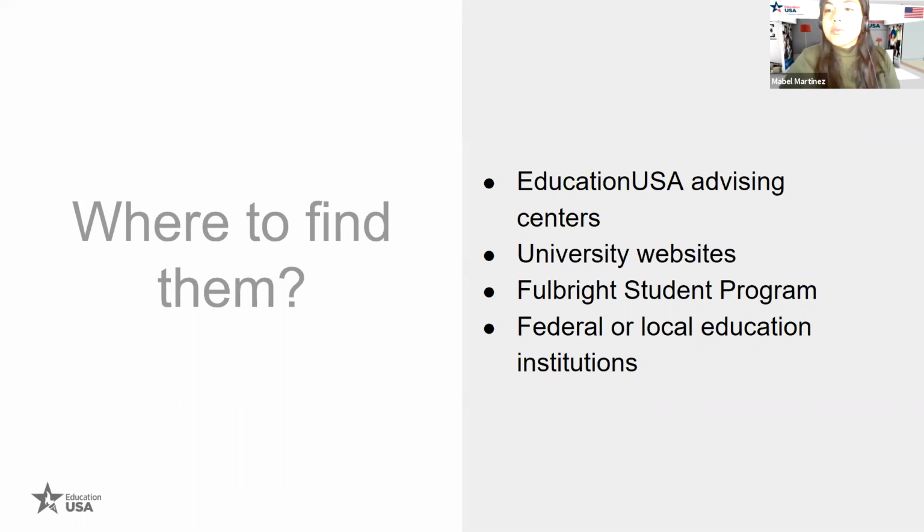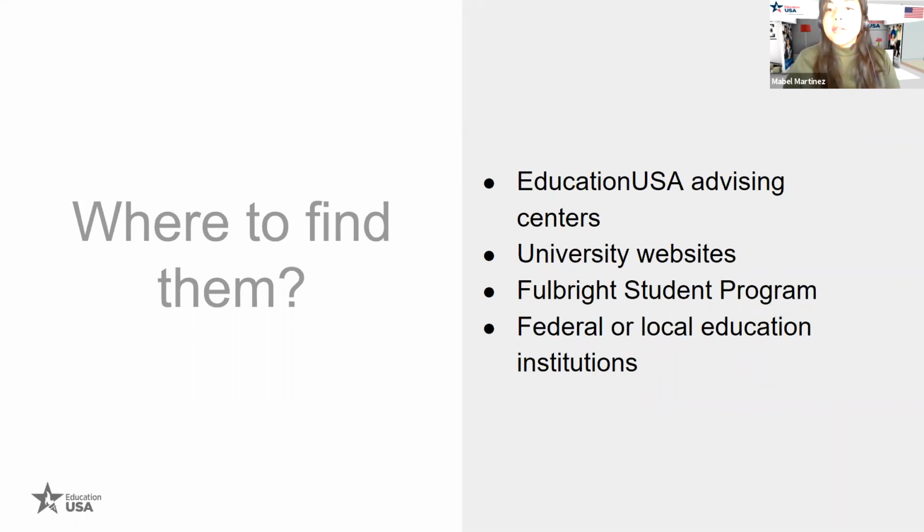You can find extra resources according to your nationality, for example, and we're going to talk about that a little bit later. But yeah, approach your Education USA Advising Center to find out what the opportunities are according to your profile. University websites are also a great resource.